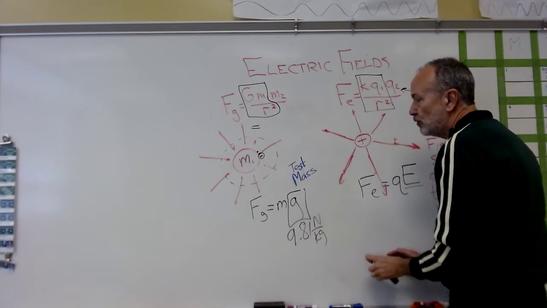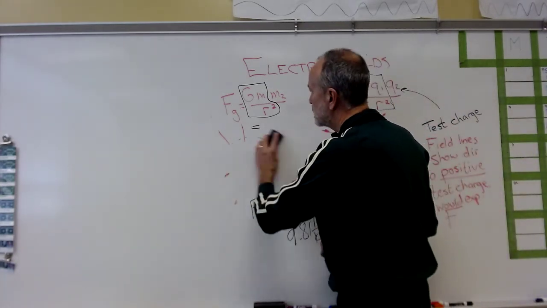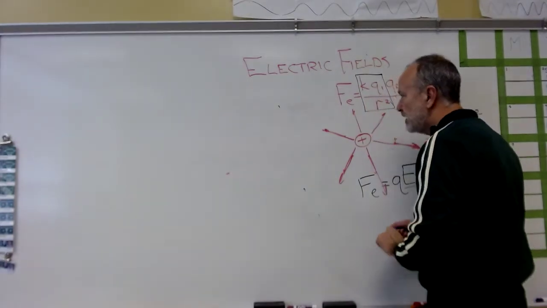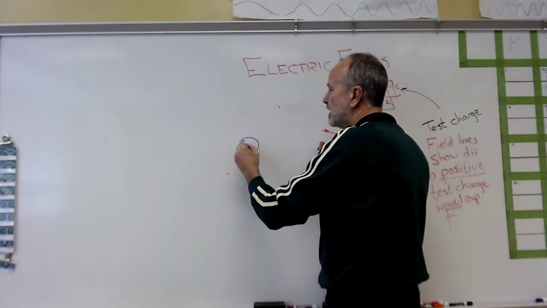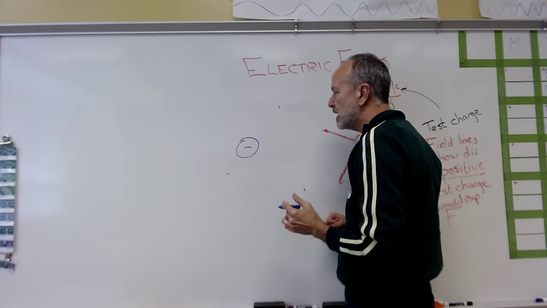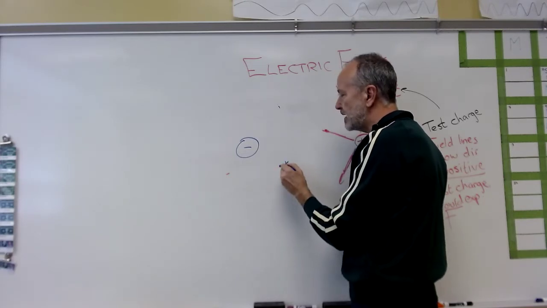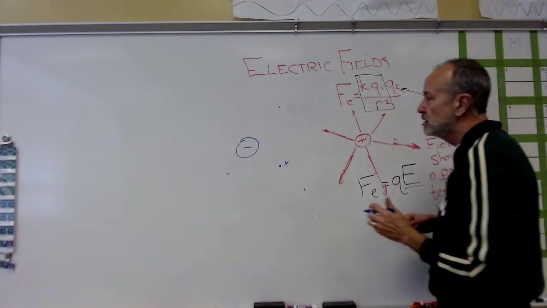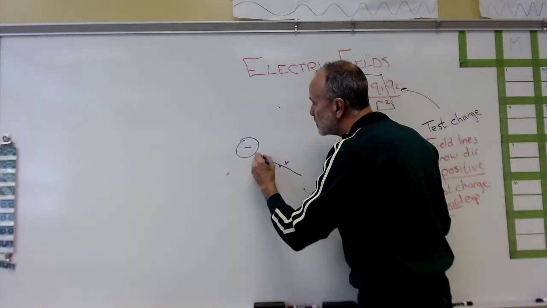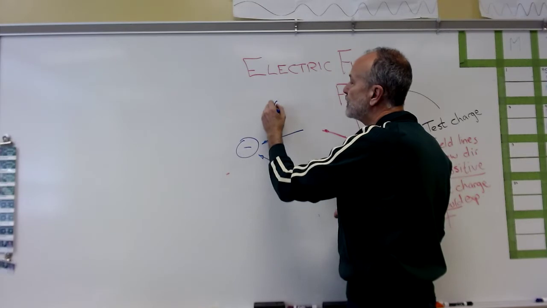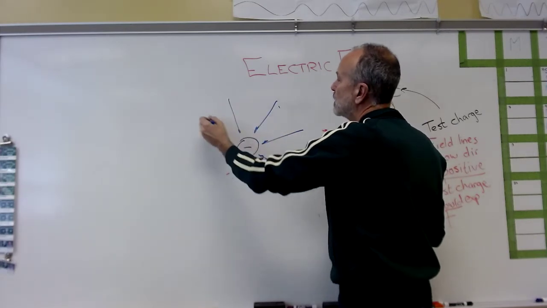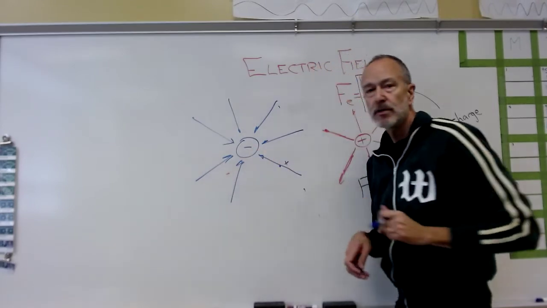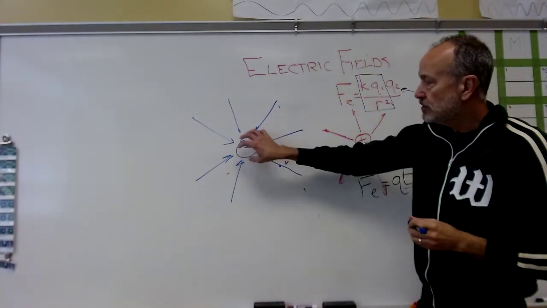Let me erase this. I've used that for my analogy. What if you had a negative charge here? What would the field lines look like? Well, if I put a positive test charge there, and that's what we're talking about, a positive test charge, it would experience a force in this direction. So the field lines always go in towards negative charges.